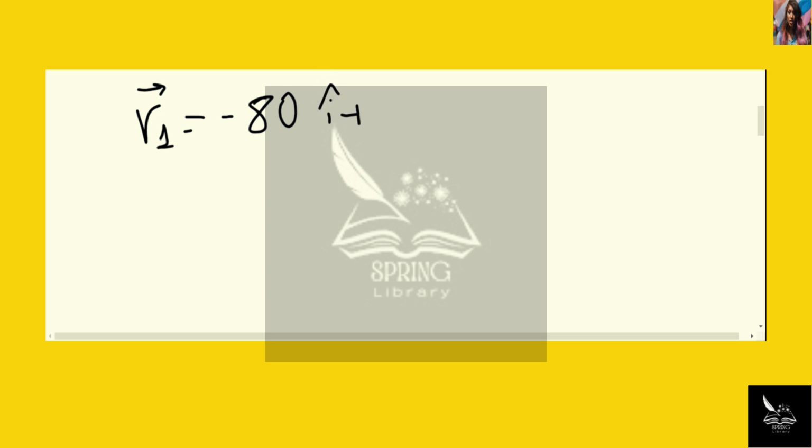If we use point F as our origin, then R1 equals minus a i hat plus 260 j hat. This is in millimeters.